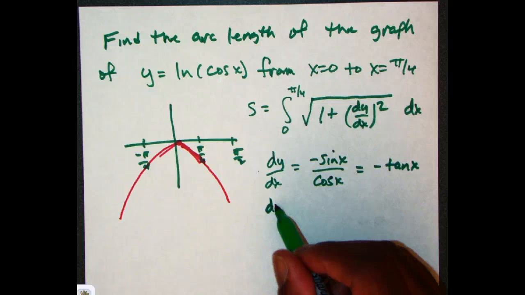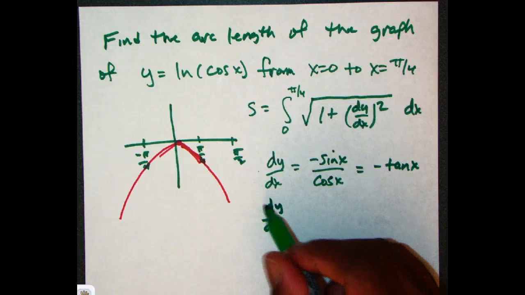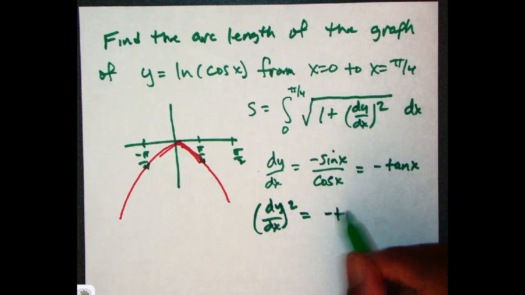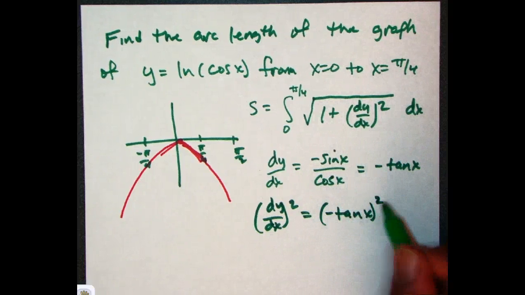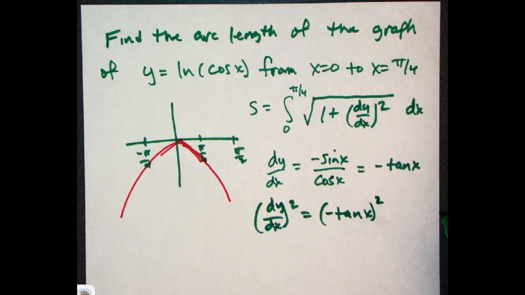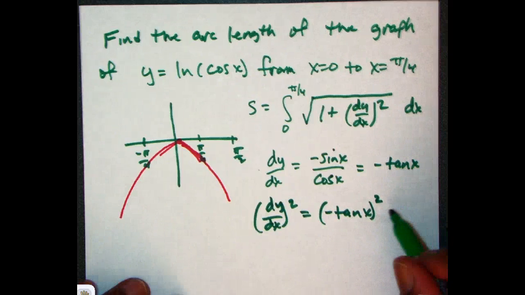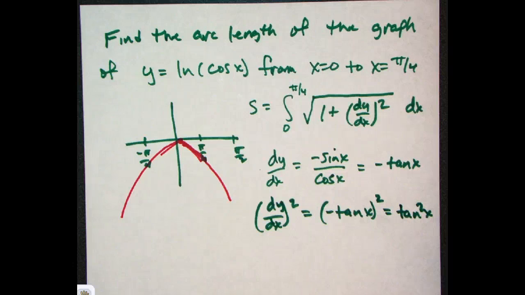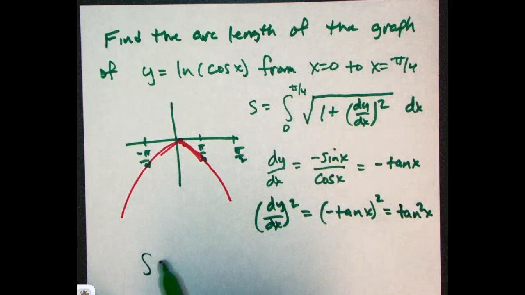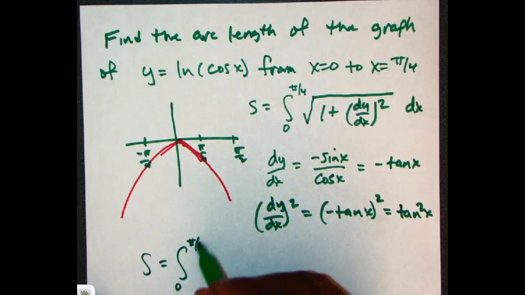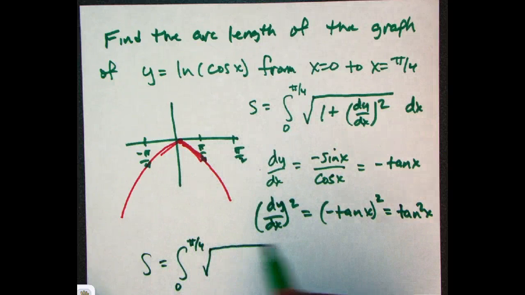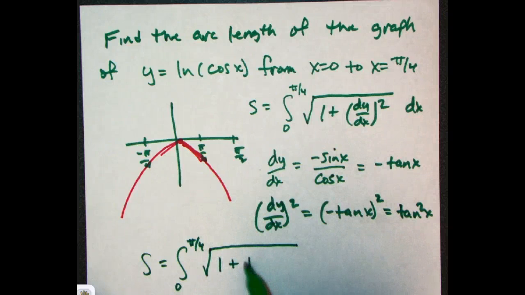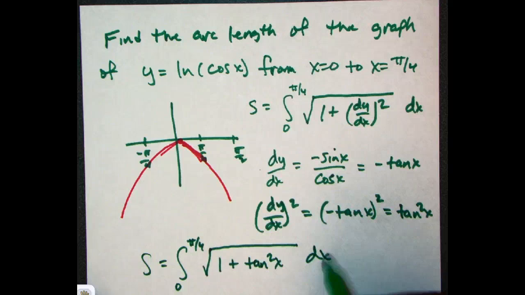Dy dx squared is negative tan x squared, or just tan squared x. So our arc length formula then becomes s is equal to the integral from 0 to pi over 4 of the square root of 1 plus tan squared x dx.